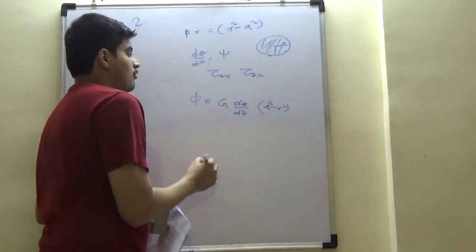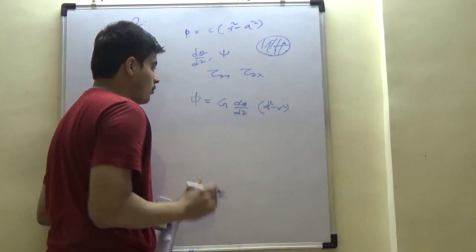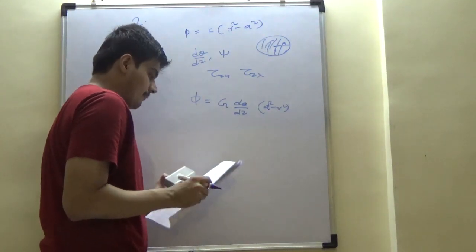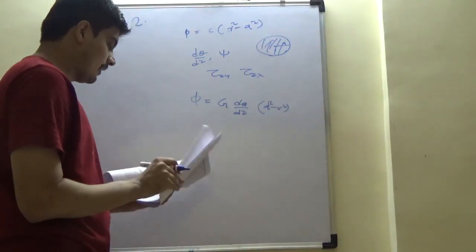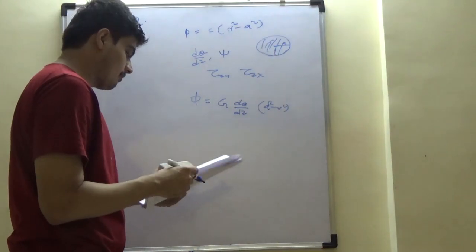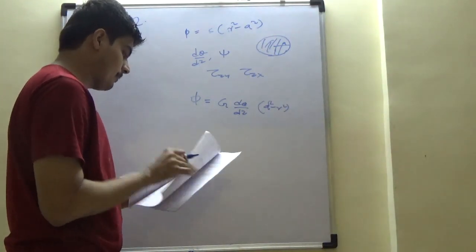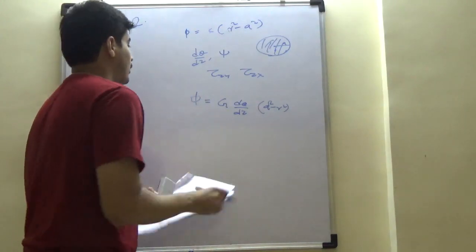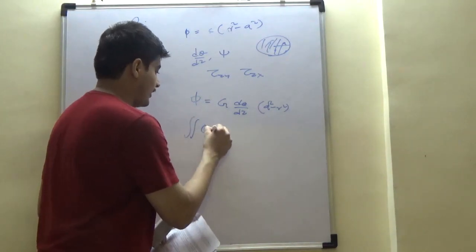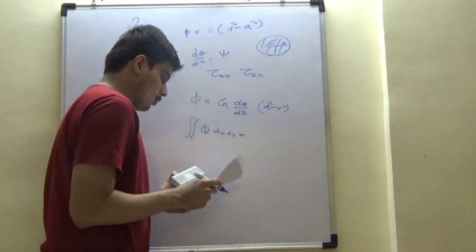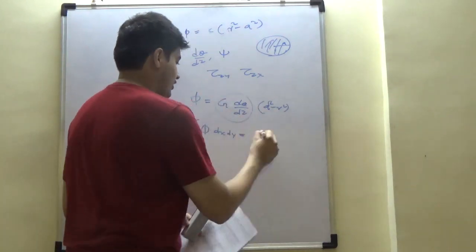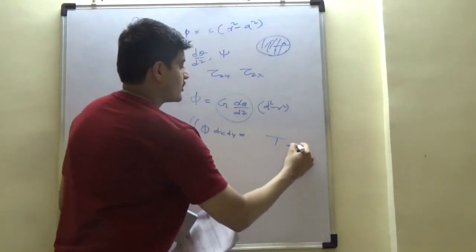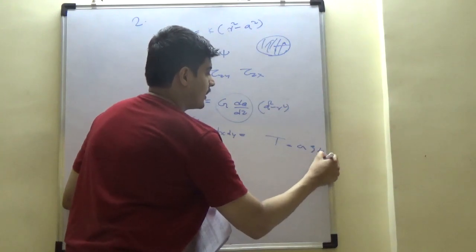And then the second moment of phi dx dy is going to give me the torque. So if I integrate this phi dx dy, what I am going to see is GJ theta dash. So this is torque, which is G J d theta by dz.